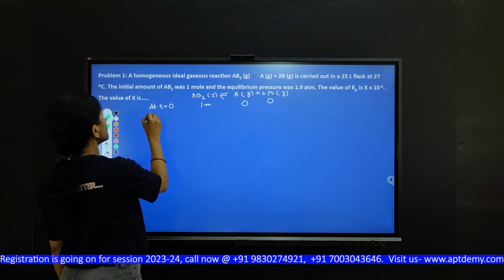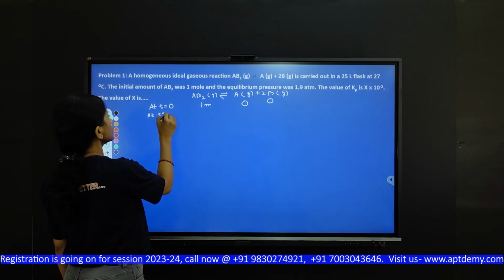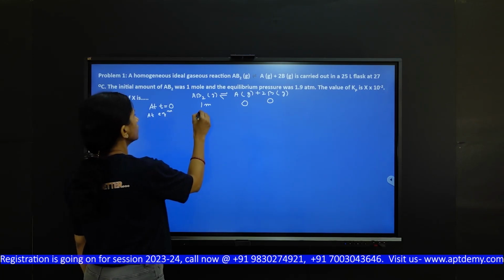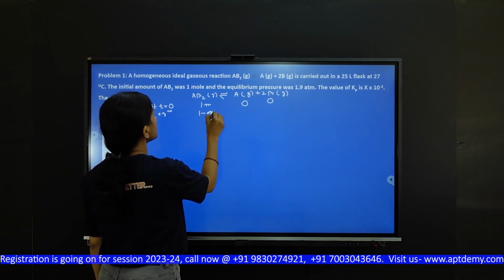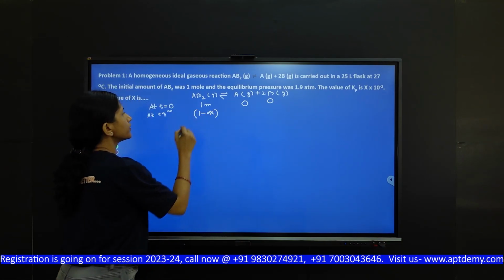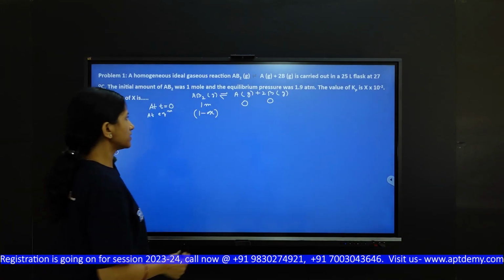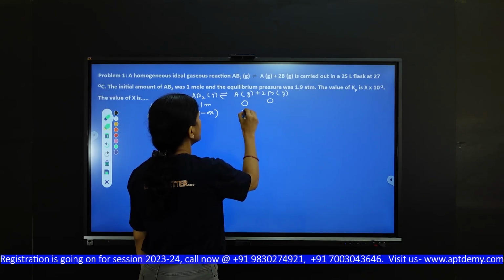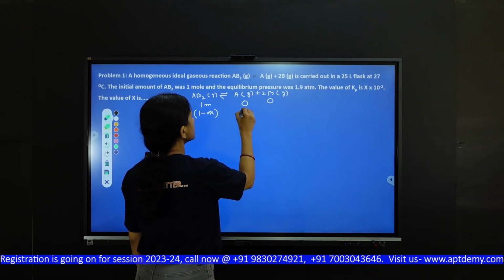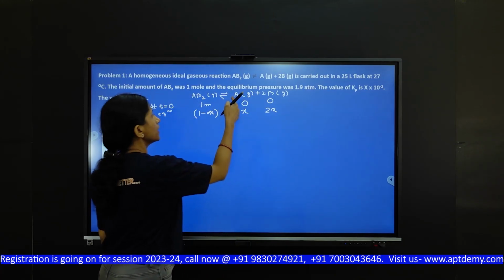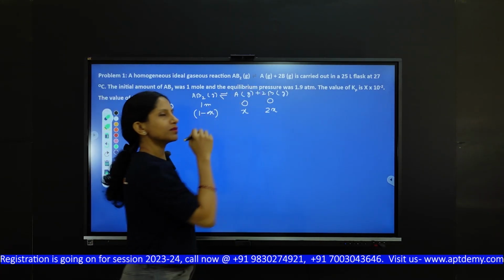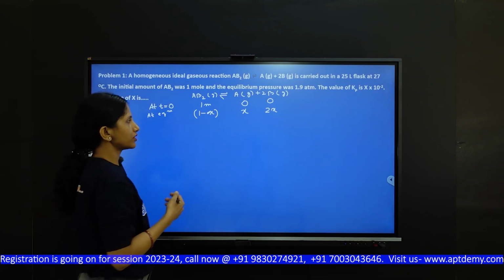Now at equilibrium we can write the number of moles as 1 minus x. Some of the reactant is reacting, and here it is x and 2x, because 1 mole of A is generated and 2 moles of B are generated.